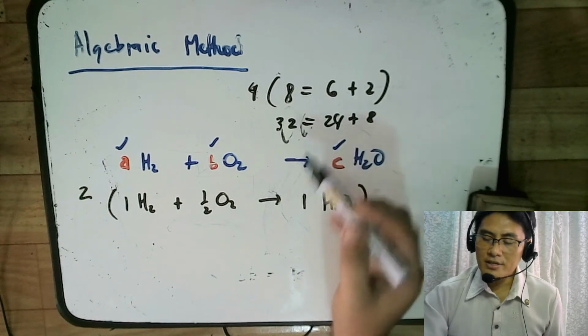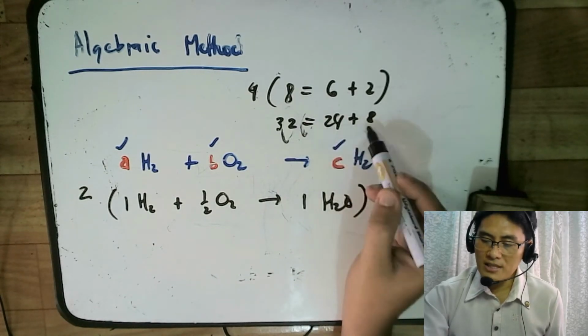So you see, it's valid because 24 plus 8 is really 32.